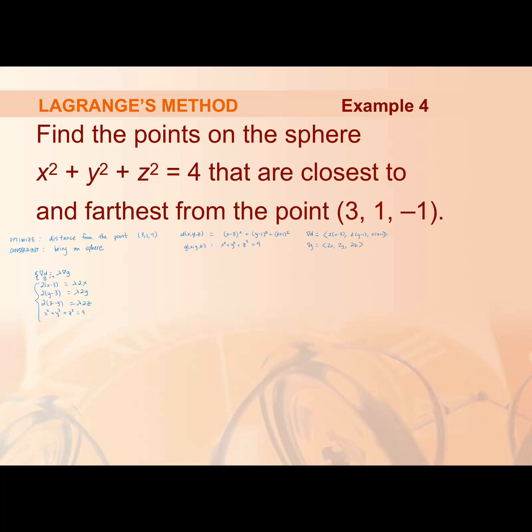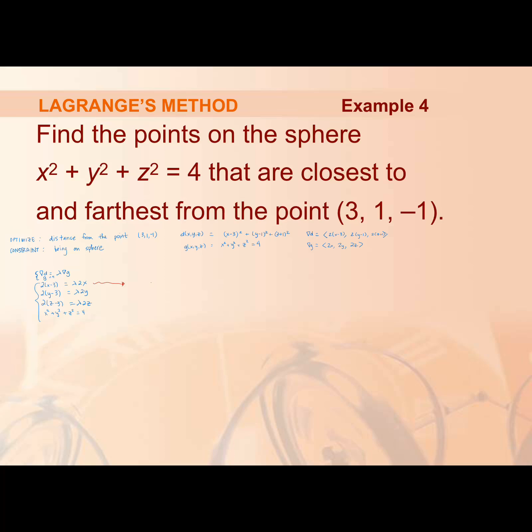Okay, so what can we do? Well, one of the things we can do is just write here, from this first equation, 2x minus 6 minus 2 lambda x equals 0.